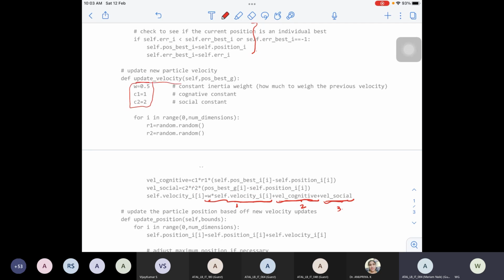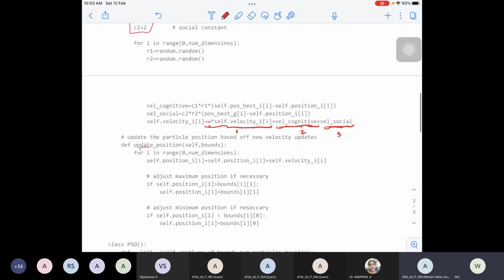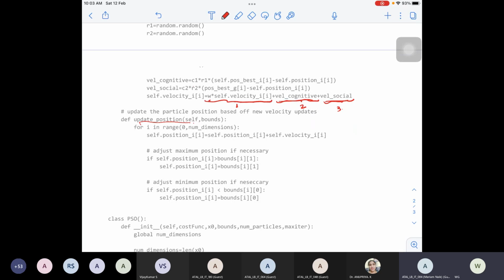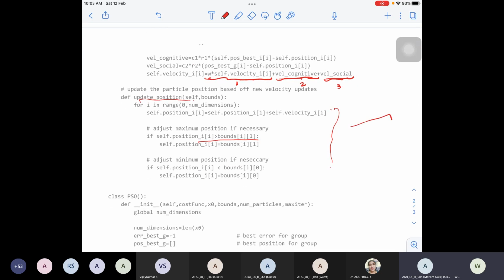So first of all, you compute the velocity, then you compute the position, right? So the position is basically given by these functions. Every time you check the position, you also see if you are going out of bounds. You are going to have a solution space given by, say, in the x-axis something like -10 to 10, and in the y-axis maybe -10 to 10.